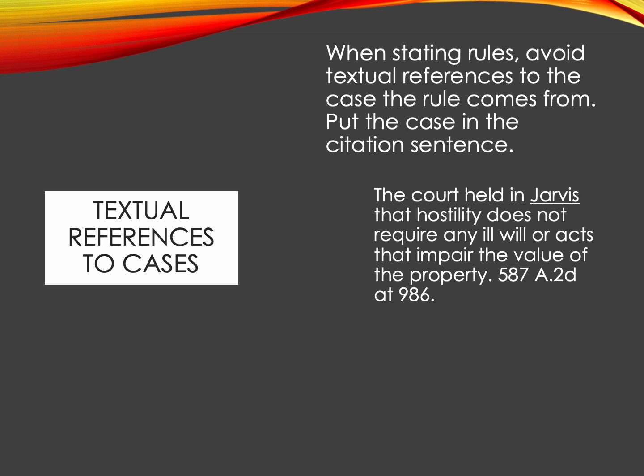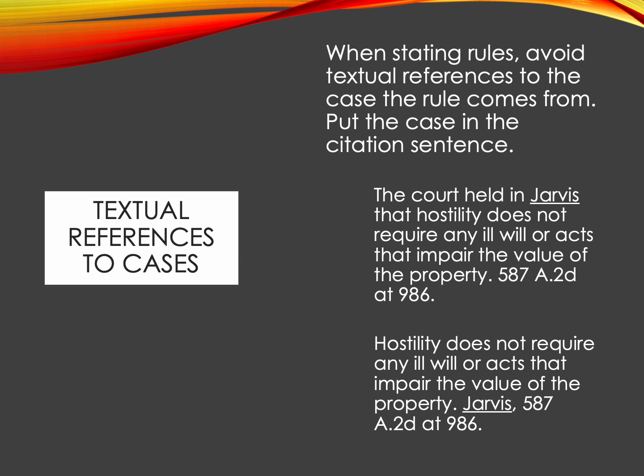So the only place that I normally put something like the reference to Jarvis would be in a sentence of facts, maybe after our key proposition in our case illustration. I might say, in Jarvis, blah, blah, blah happened. But I would definitely not put the court held in Jarvis or the court reasoned in Jarvis because I'd be far enough along in my case illustration that I don't need to distract the reader with that.